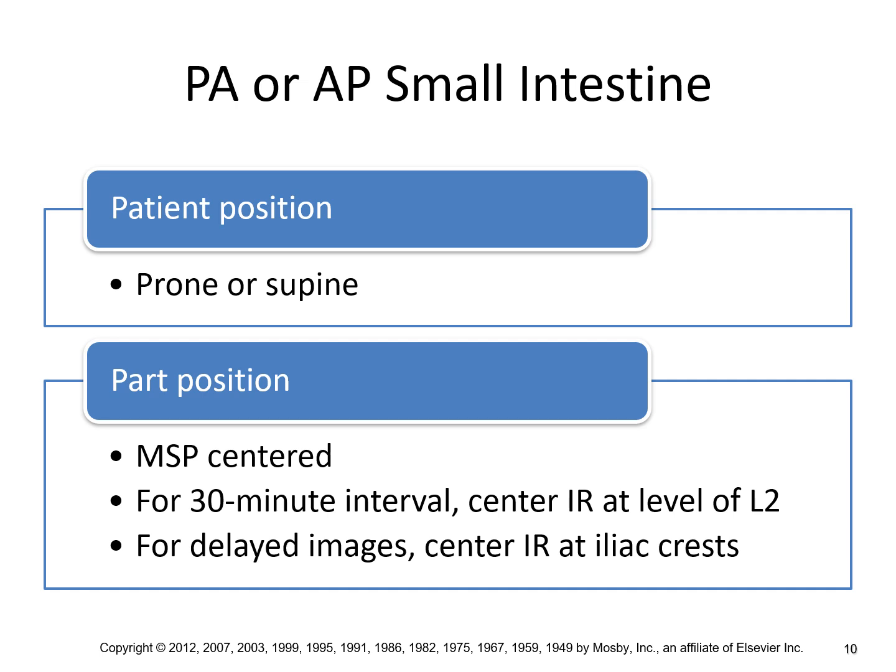But then any pictures after that, like a 45-minute or an hour or anything after that, you should be centering at the iliac crest because the lead edge of the barium bolus is working its way down through the pelvis, probably be in the pelvis somewhere like the 45-minute mark or close to that if you're not obstructed. And so it just makes sense to take just a conventional abdomen film after the initial 30-minute interval.